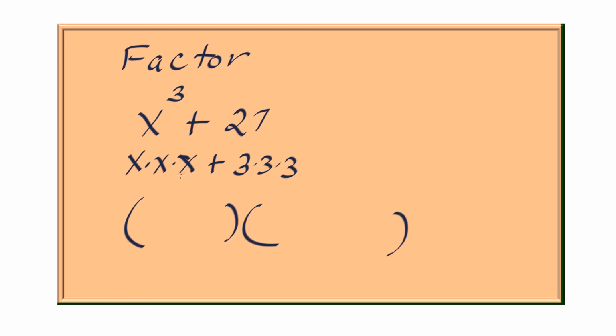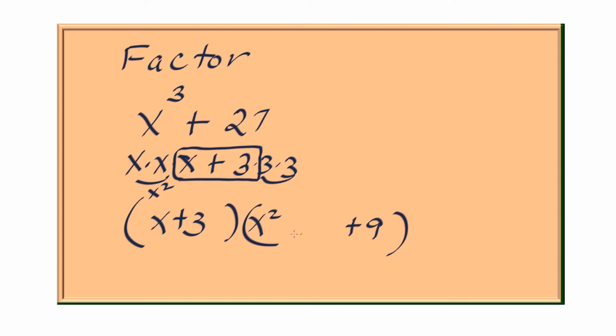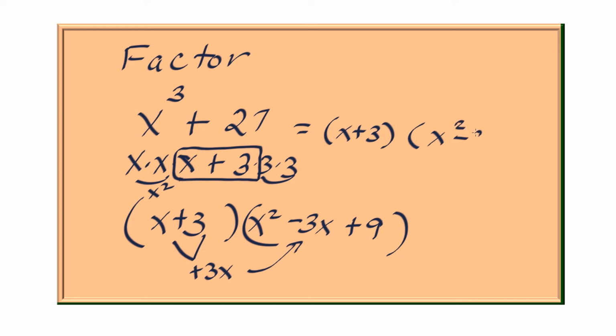The first factor is going to be x plus 3. And again, the leftover x squared goes to the second parenthesis. This 3 times 3 is 9, to the second parenthesis. And now multiply this 3 and x, that's positive 3x. But just like the other example, we have to switch the sign. Now we have negative 3x. So we have x plus 3 and x squared minus 3x plus 9 as factors of our sum of cubes.